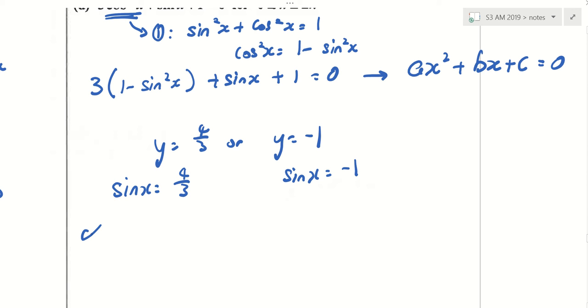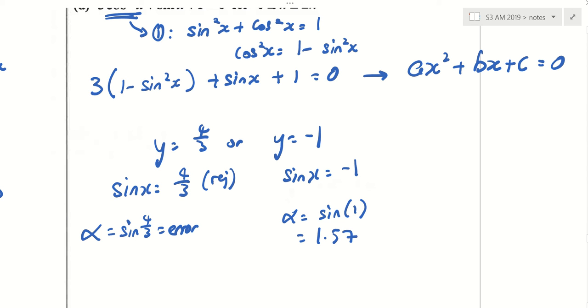So you try reference angle equals this, equals error. Then you know this one you reject. Radian mode please. This you find reference angle is 1, not minus 1. You always ignore the minus sign. You get 1.57. Okay, then you go on and find out which quadrant.